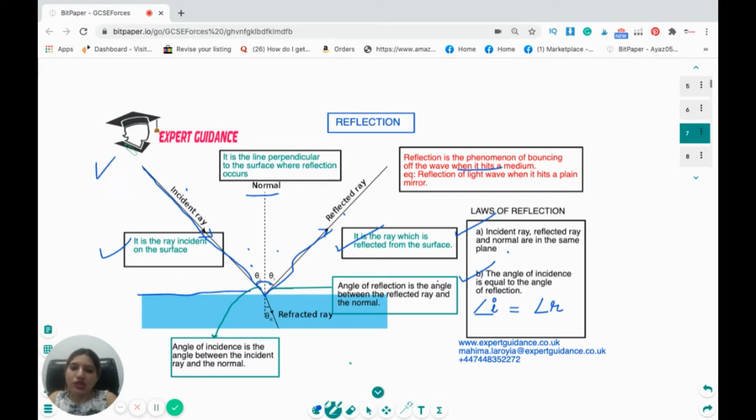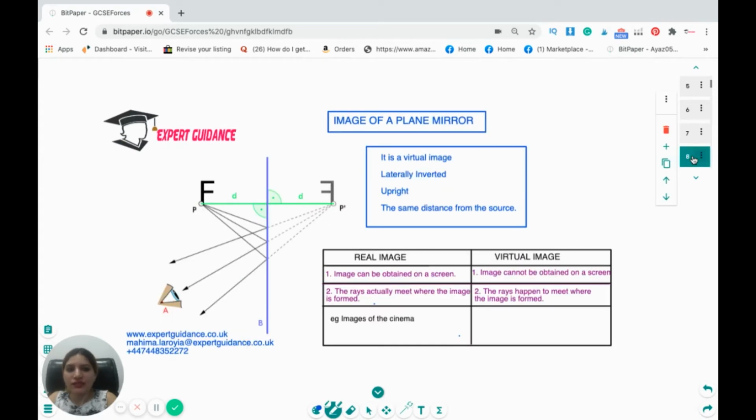Okay, so you should understand this diagram and what these terms are, like incident ray, reflected ray, angle of incidence, and so on. Now you should also know how to make the image in a plane mirror. So this is a plane mirror, and let's say this F is an object which is at a distance D. Now what will happen, the light will come from F and then it will be reflected.